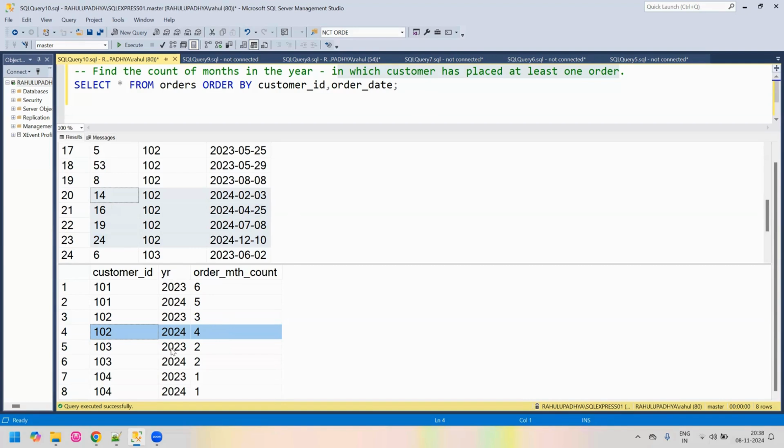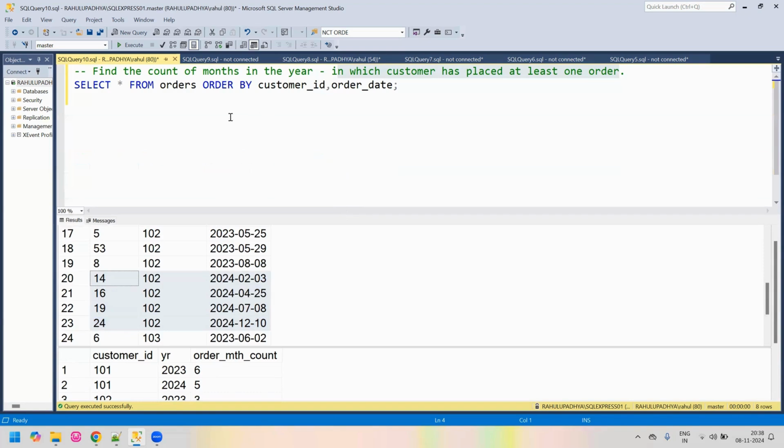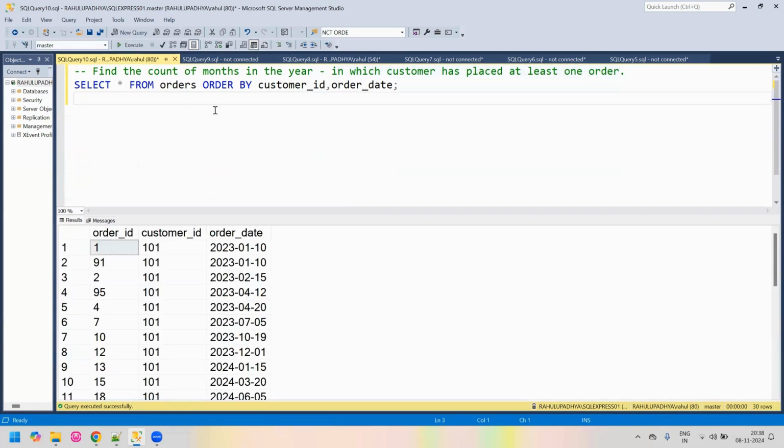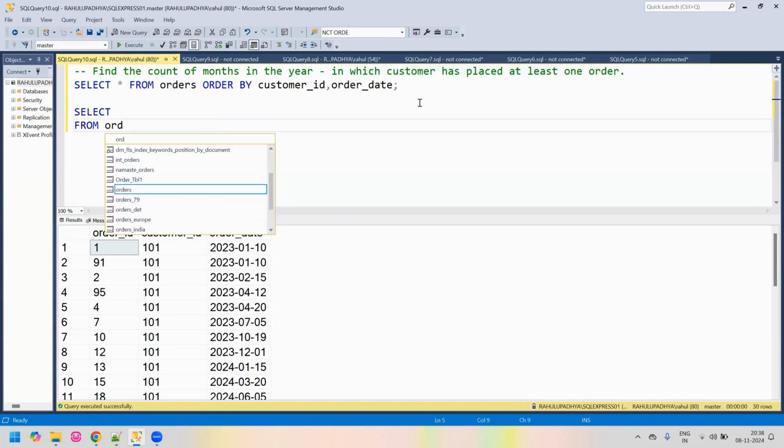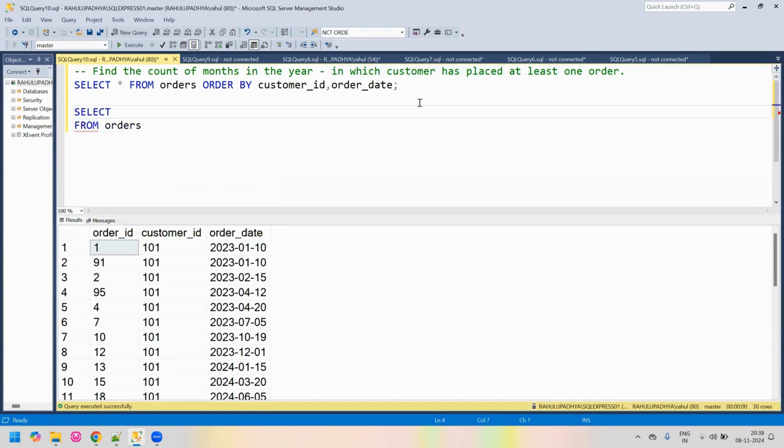So I hope the problem statement is clear. So let's go ahead and solve this problem. We will start working on the input table, that is orders. First of all, we have to find out for which year and for which month the customer has placed the order.